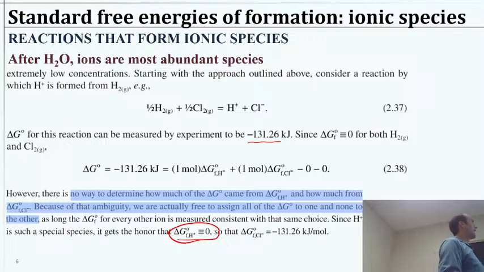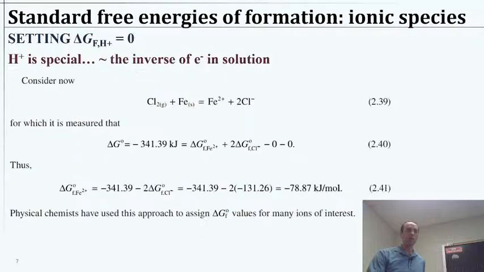We use that, and then we can say the standard Gibbs free energy of formation for Cl- is that value we calculated. It turns out that's quite convenient. If we set it like that and treat H+ as the special little ion, then now that we know something about the Cl-, we can use that to understand other systems. Then we can expand out the knowledge, and it turns out this is quite consistent, and we do this in many cases.